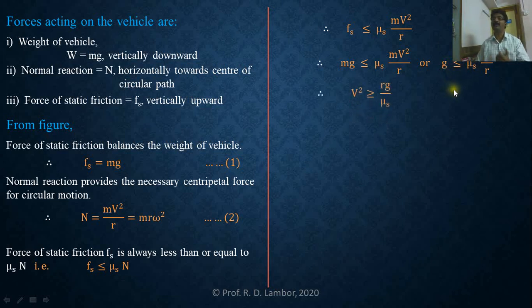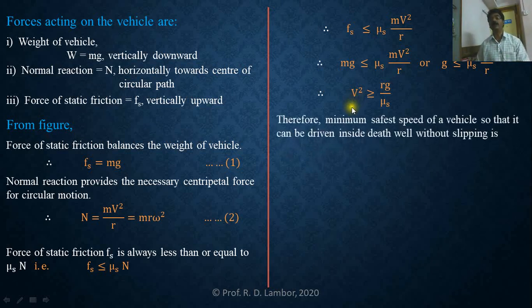Or simply you can say v square is greater than or equal to rg upon mu s. So what is v? It is the minimum speed of the vehicle that can be driven along the vertical wall, not to slide downward.